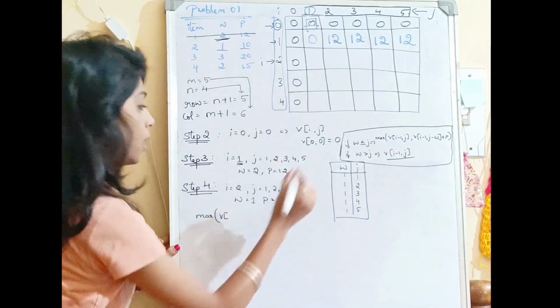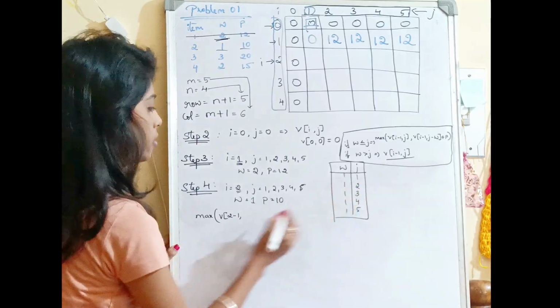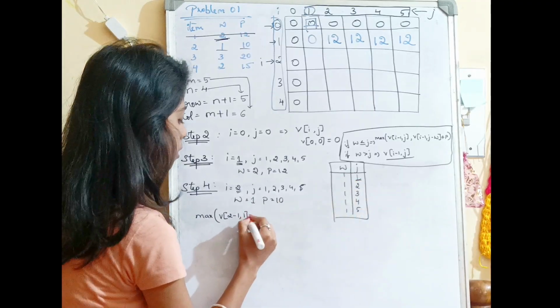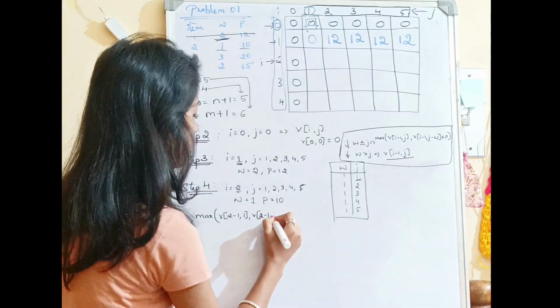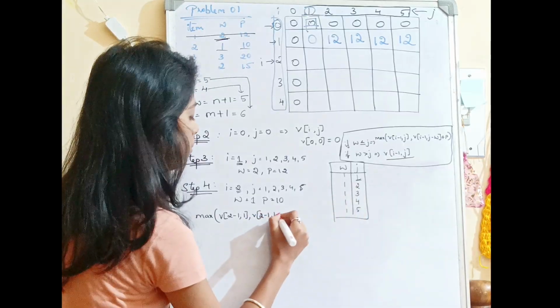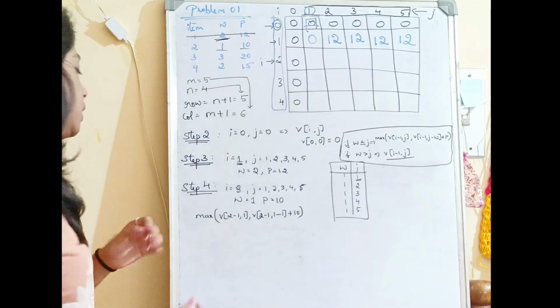Max of v of i, which is 2 here. So 2 minus 1, comma, what is j? J is 1, comma, v of 2 minus 1, comma, j minus w, 1 minus 1, plus 10. Okay, solve with me.